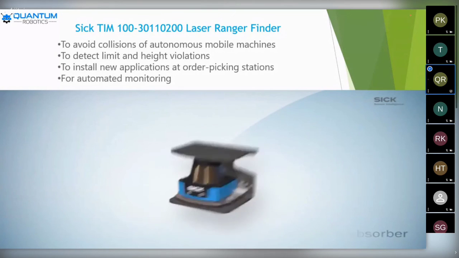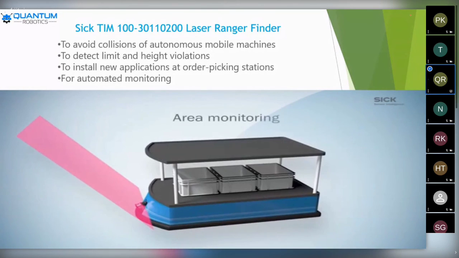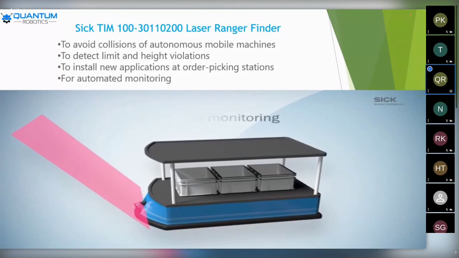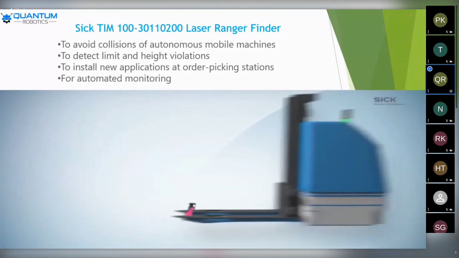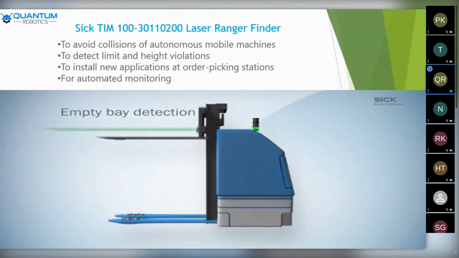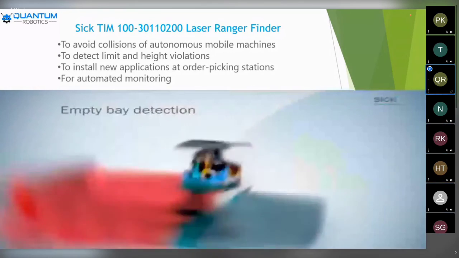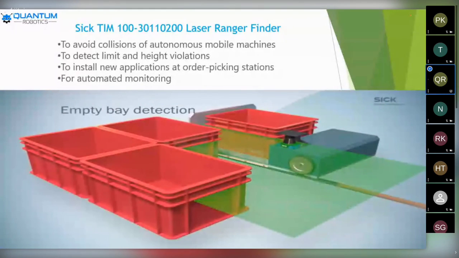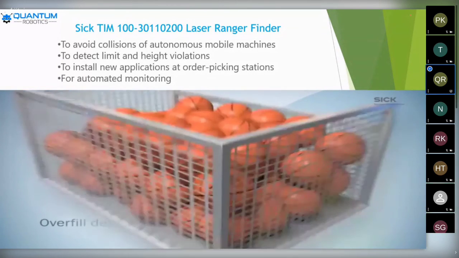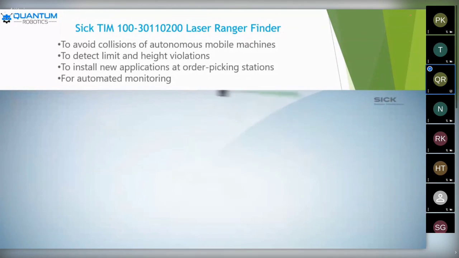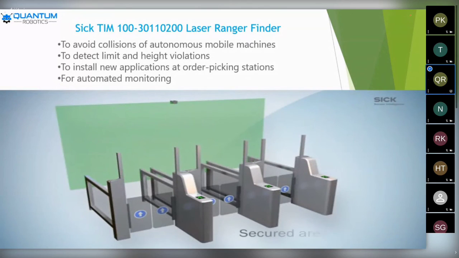TIM1 2D LiDAR sensors prevent collisions with obstacles overhanging from above ground. They detect the entire width of storage bays, as well as load carriers of all shapes and sizes. They also provide empty bay detection in tote storage areas and overfill detection to avoid protruding objects. Furthermore, TIM1 sensors prevent attempts to climb over the doors into secured areas.